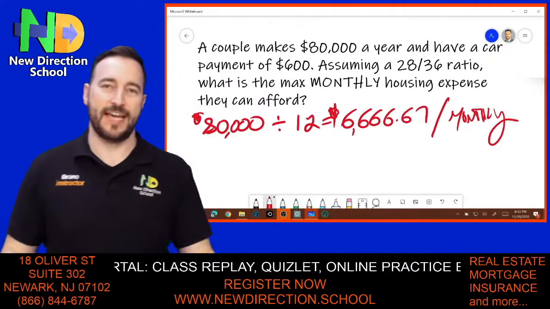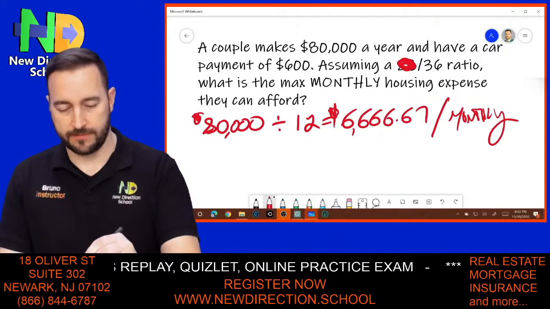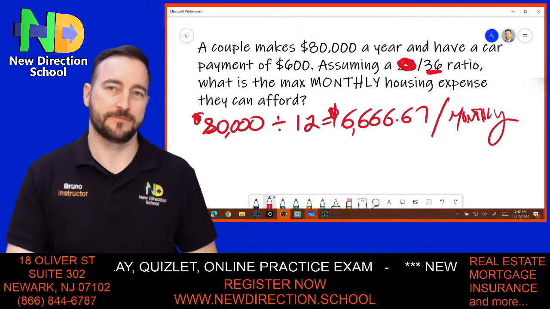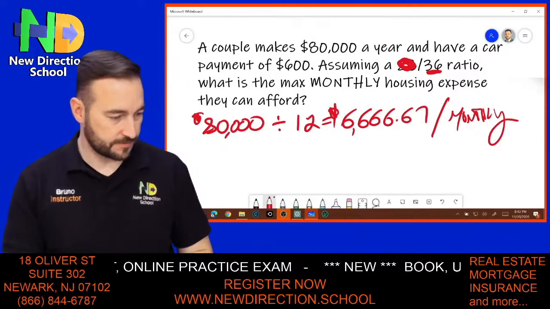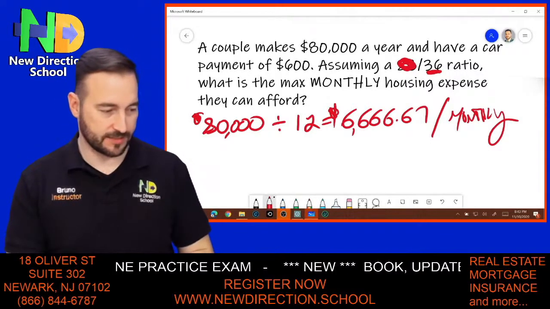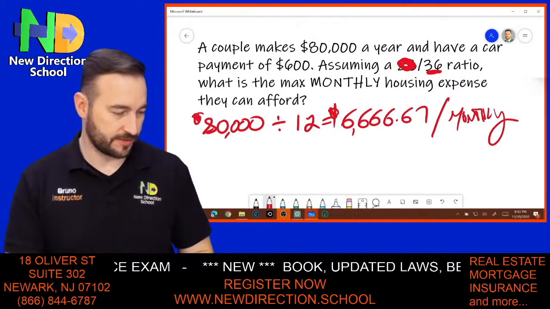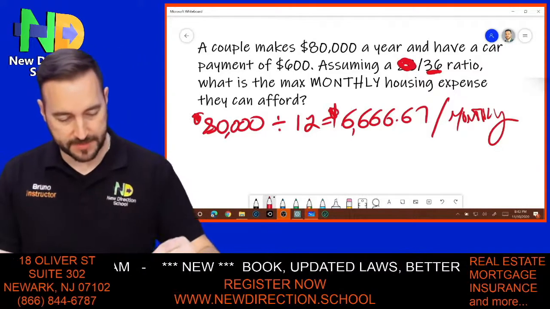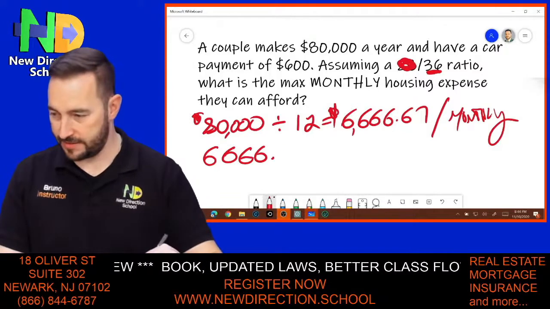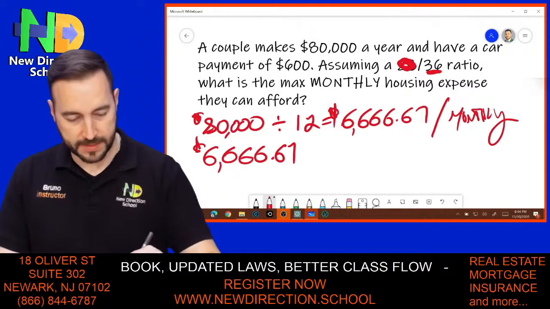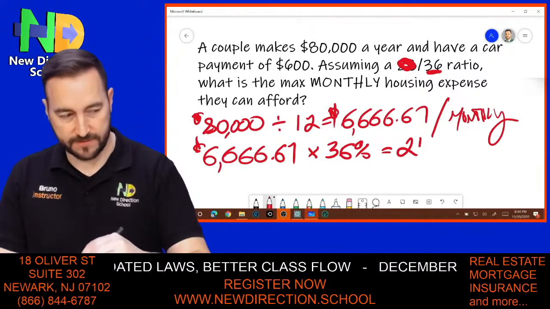Now, because there's debt, there's a car, we're not using this number. We're using this number, 36%. Okay? So, we have 6666.67 times 36%, and that equals 2,400.